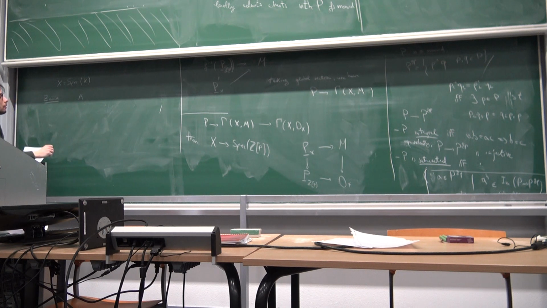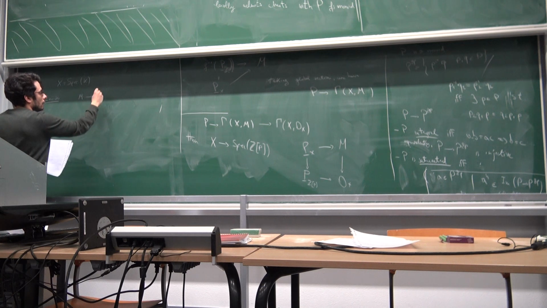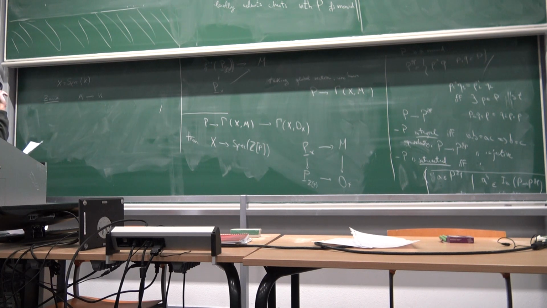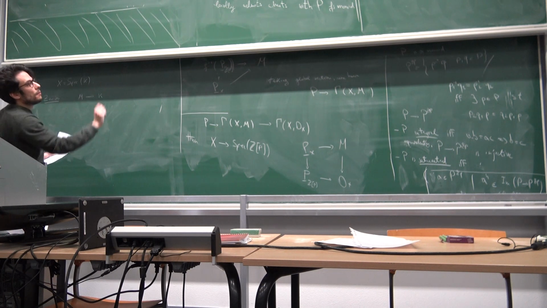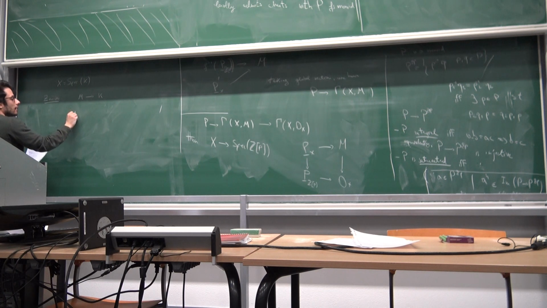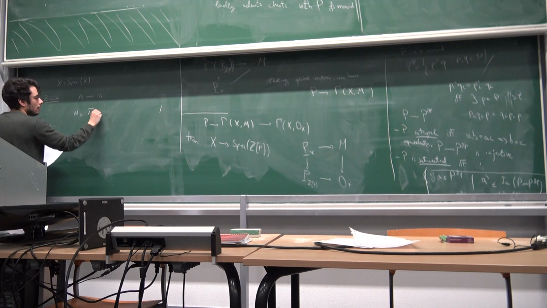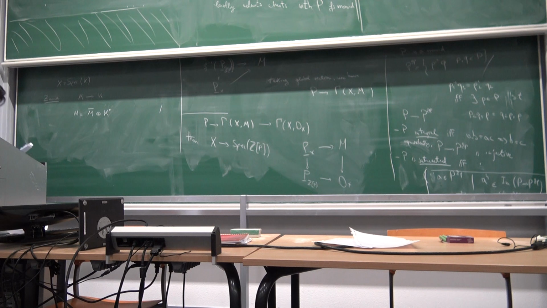So a log structure is just a monoid with a map onto K. Now I want to draw the same diagram to get a splitting of m bar plus k star.